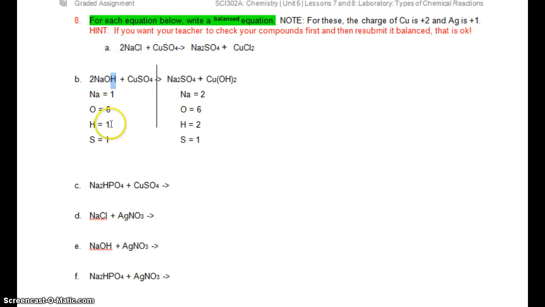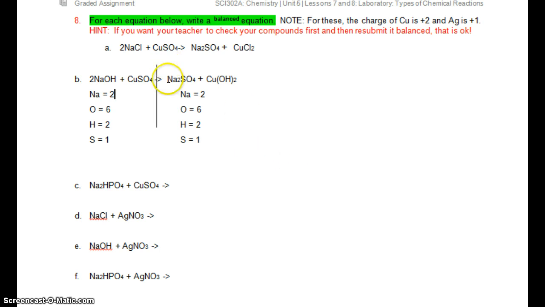Distribute that 2. That gives me 2. And 2 sodiums. All right. Hey, check it out. Is it balanced? Yeah, it is. Everything is equal on both sides, which satisfies the law of conservation of mass, saying that the amount you start with, even if it's in a different place, has to be the same as the amount you end with.